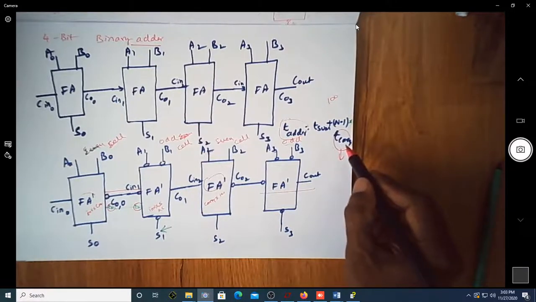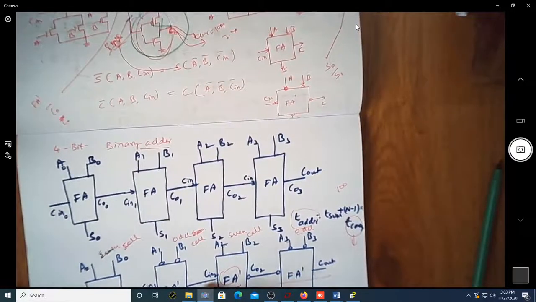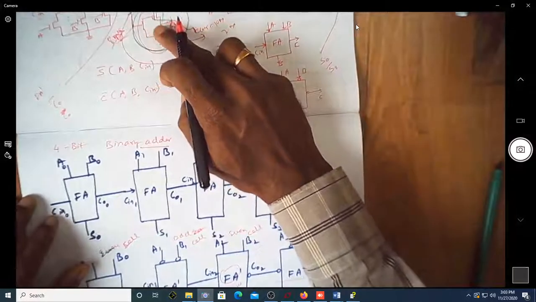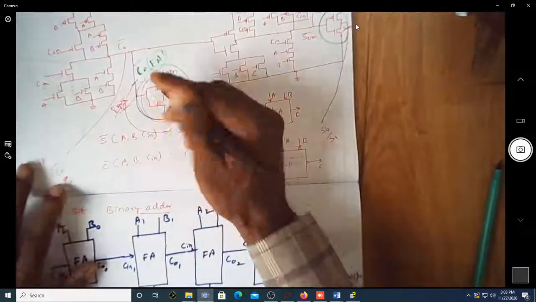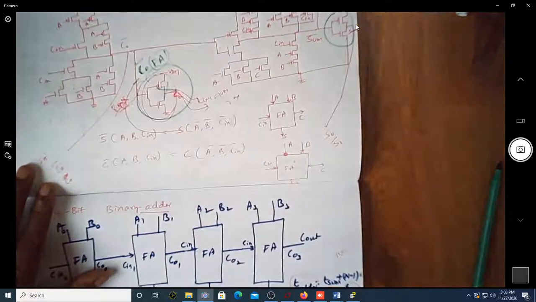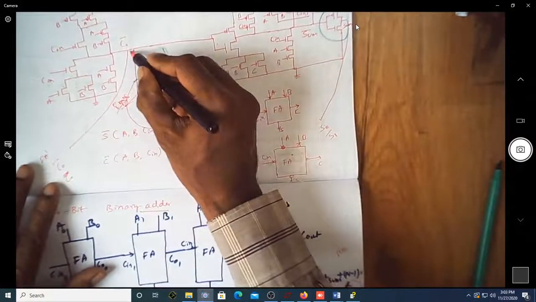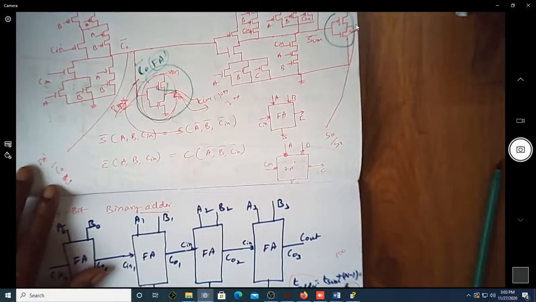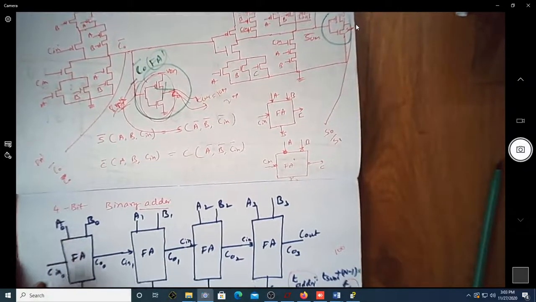How? In the carry path, there is no inverter. You are simply taking this output from the second full adder and giving it to Cin. So this is how it is happening.